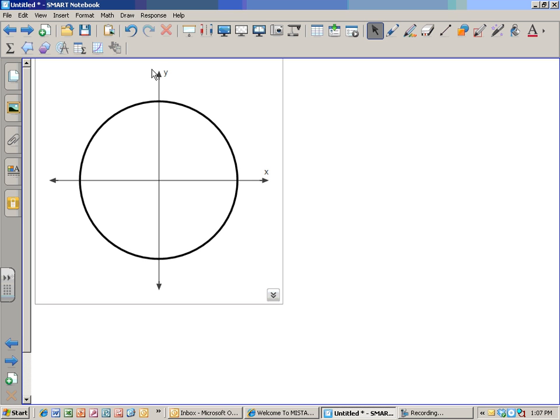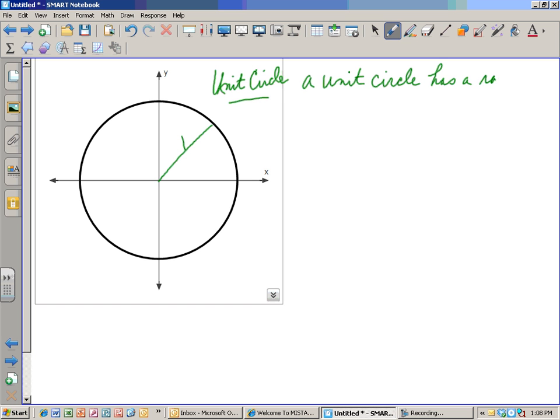All right. Now we have a radius of 1. And this is called a unit circle. A unit circle has a radius of 1.